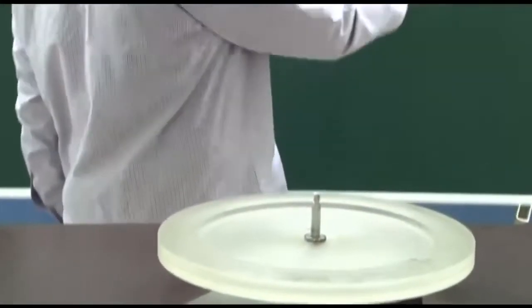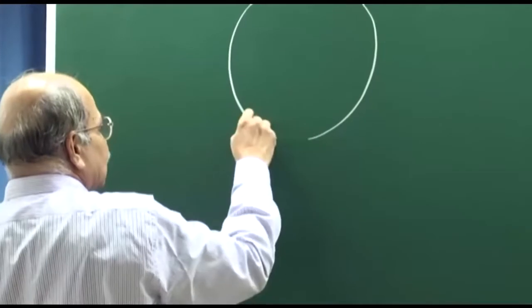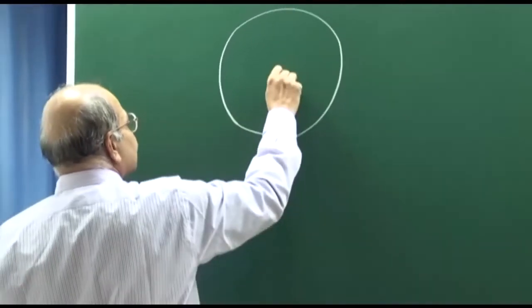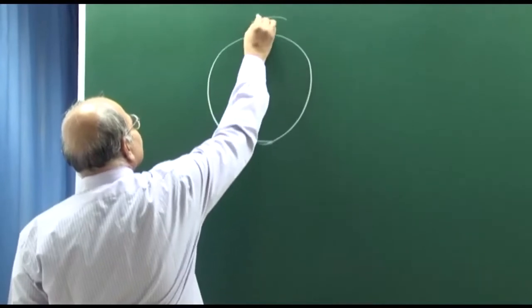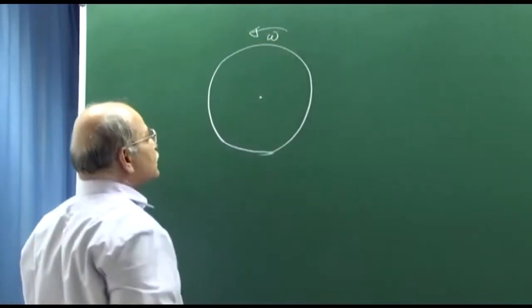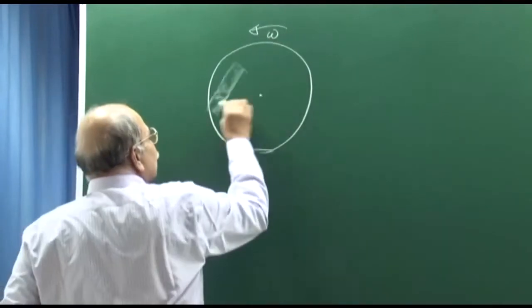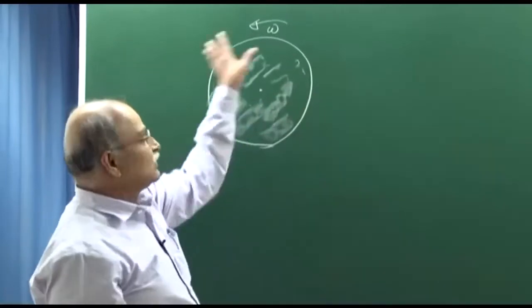So, if I draw the diagram, let us say this is that disc, and here is the axis of rotation of this disc, and it is going with some angular velocity omega. This whole disc is rotating in the lab frame.